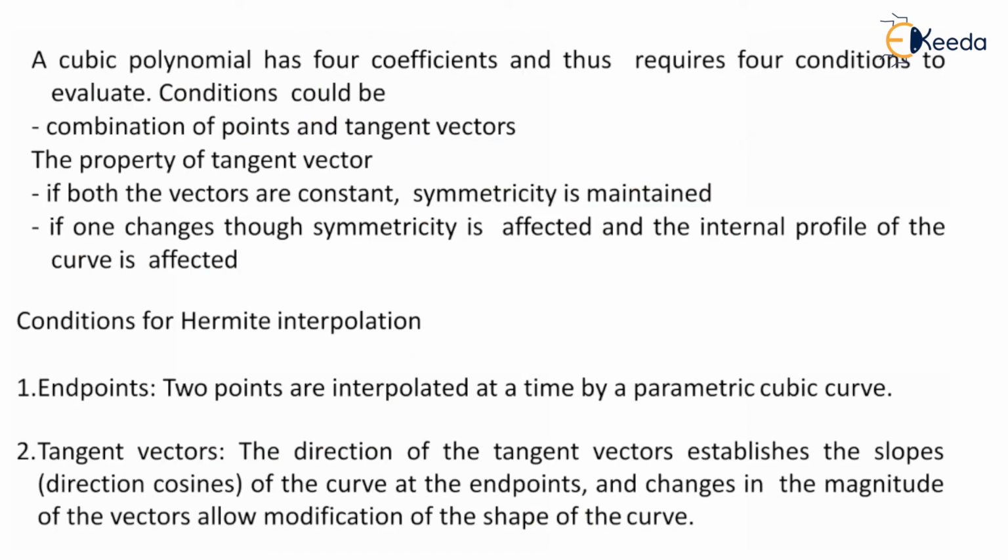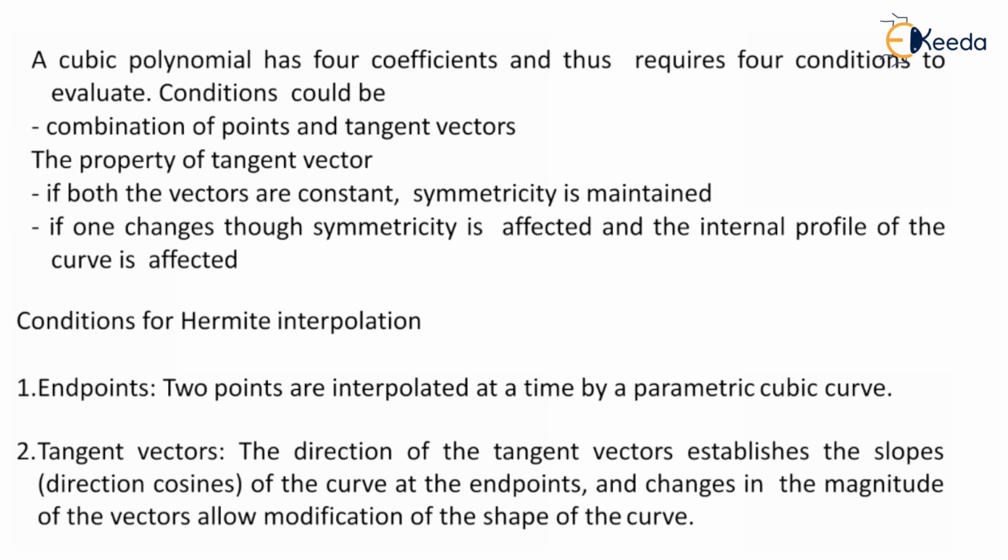A cubic polynomial has four coefficients and thus requires four conditions to evaluate. The conditions should be a combination of points and tangent vectors. As a property of tangent vectors, if both vectors are constant and symmetry is maintained; if one changes, the symmetry is affected and so is the internal profile of the curve.